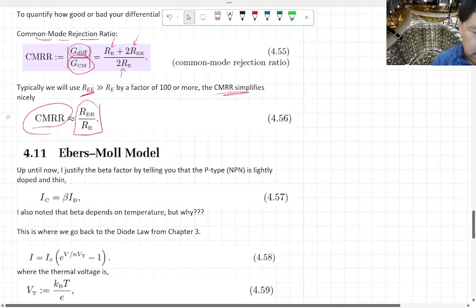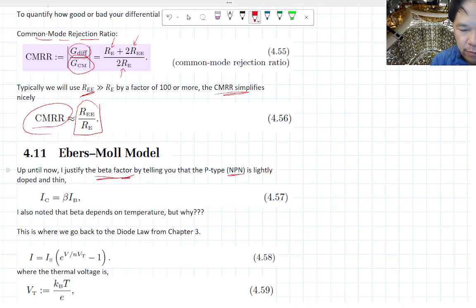So up until now, I've just been telling you that this beta factor is there because, in the case of the NPN type of transistors, where the P type is lightly doped and thin, I haven't really quantified it.